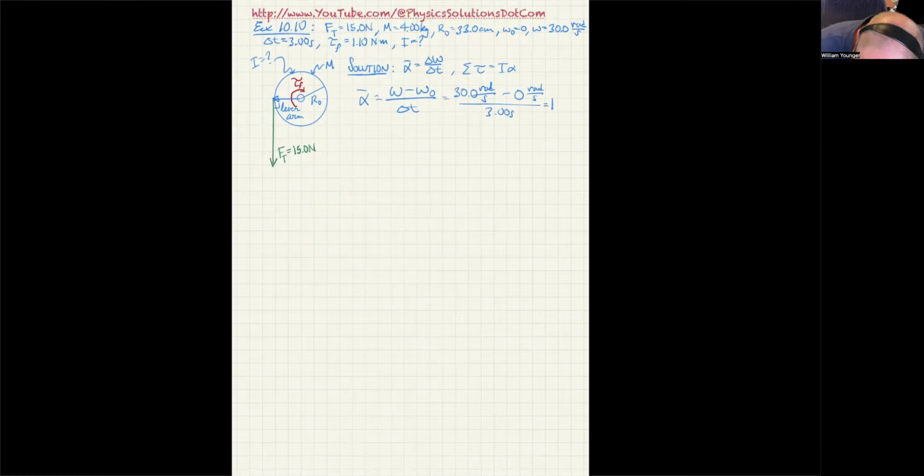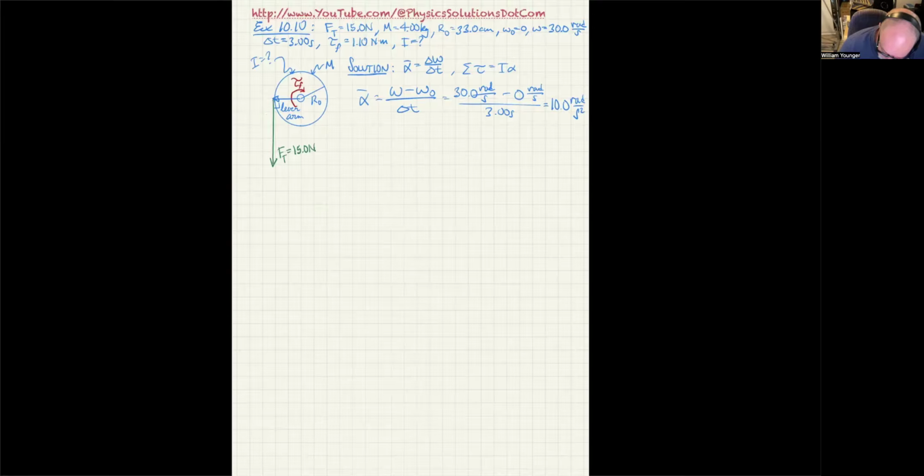And even I can do that math. That's 10.0 radians per second. Again, that's the way you should say it, even though you can write it as radians per second squared, because it literally means that the angular velocity is going to change by 10 radians per second each second.